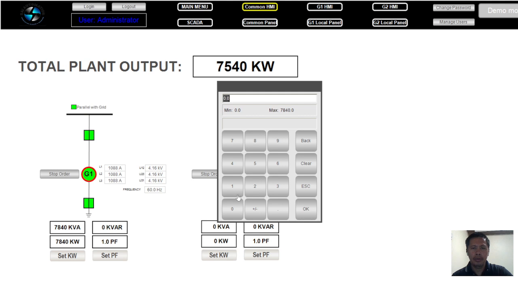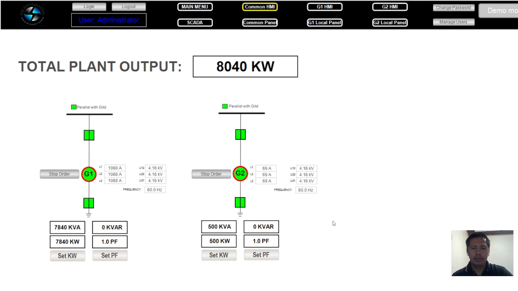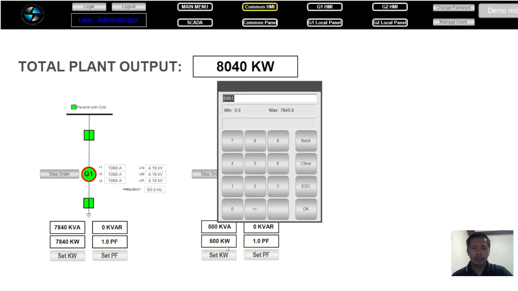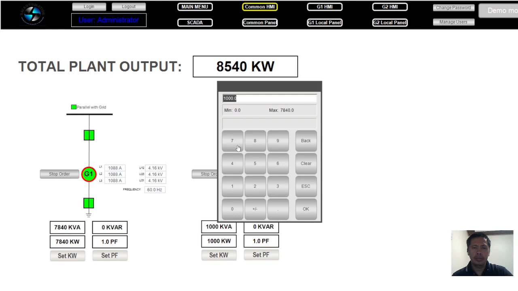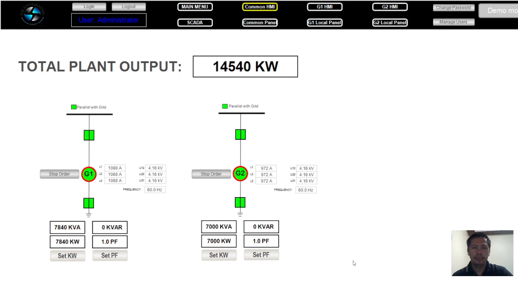So now we can load maybe around 500. So there's no problem. So raise to 1000. So there's no problem. Raise to maximum 7,000. So now the total plant output is around 14,040 kilowatts.